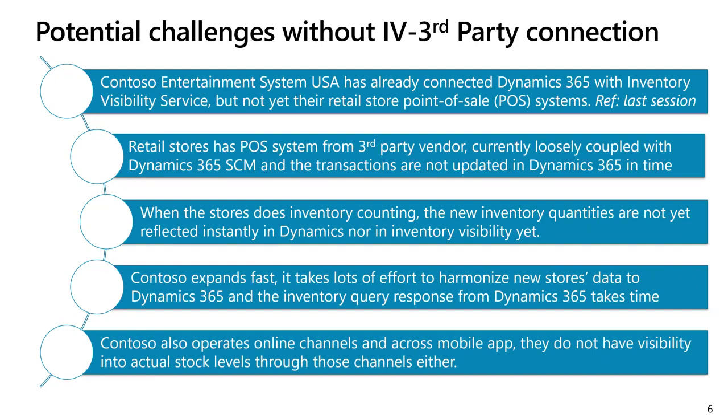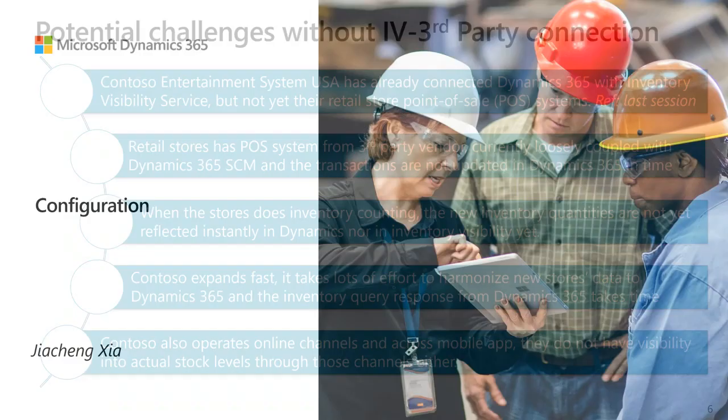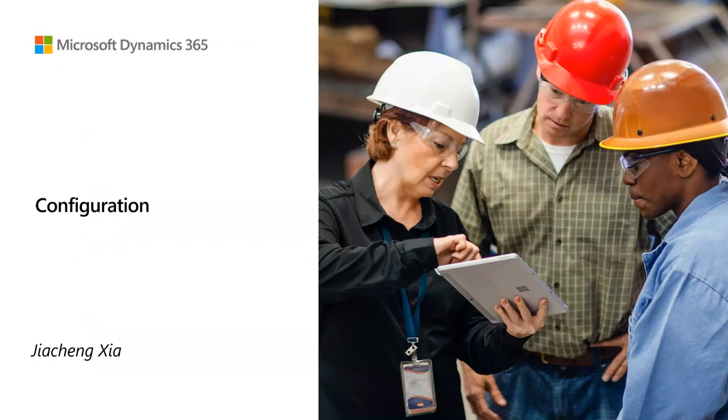They do not have visibility into the actual stock levels through those channels either. Let's see how you can set up those connections to the third-party systems from Jiaqing's introduction next. Okay, thanks, Yufei.